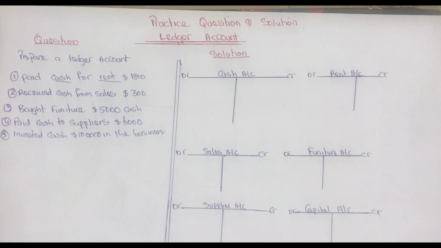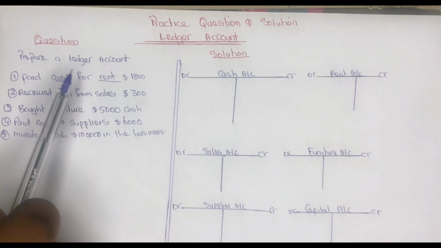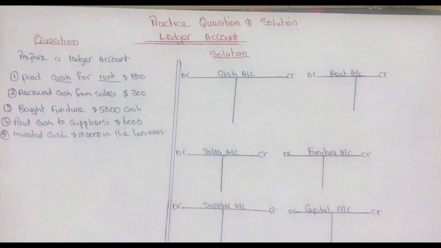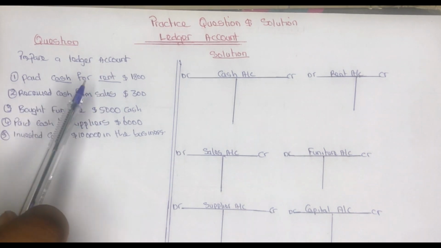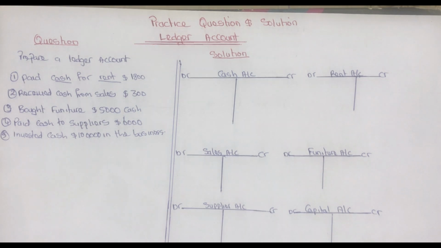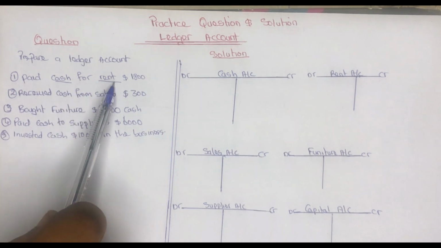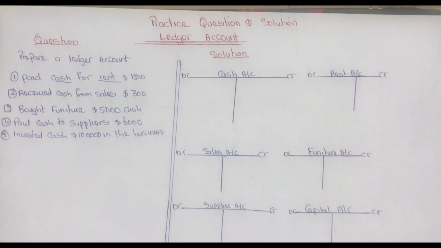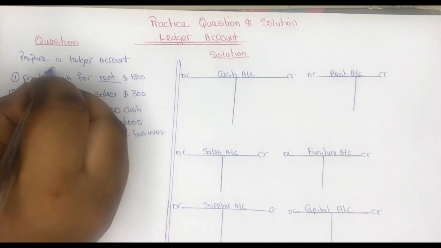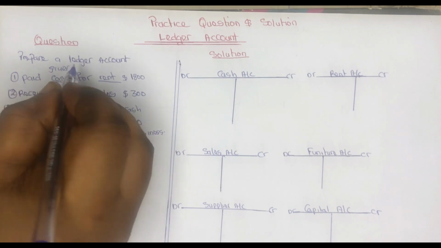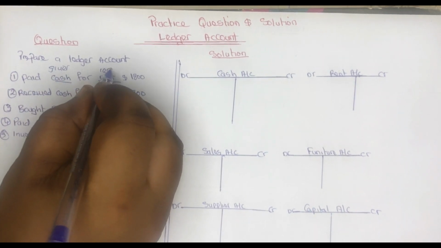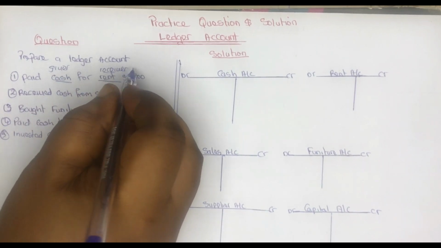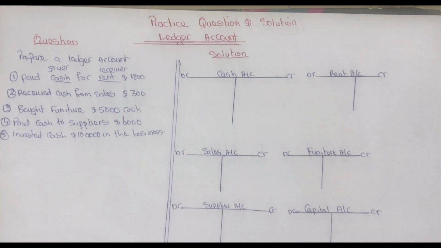We are paying rent, so rent is receiving, cash is given to rent. Remember, debit the receiver and credit the giver. So this is the giver and this is the receiver. Cash is the giver and rent is the receiver.